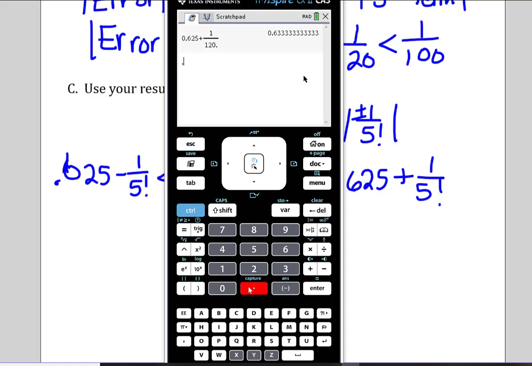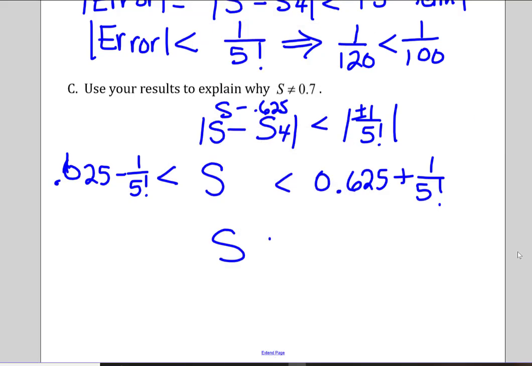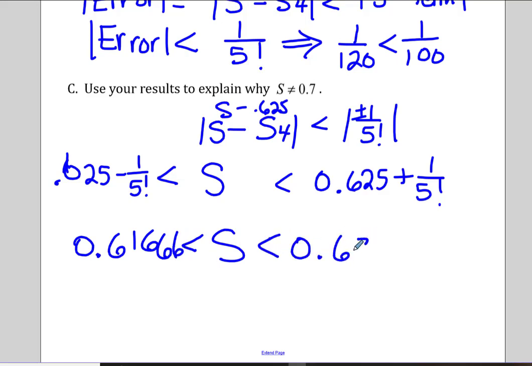And then we have 0.625, and we're going to subtract 1 divided by 120, and that's 0.616. So what we're finding is that the error is going to be between 0.616 and 0.633. Therefore, that total sum could never be 0.7 because it's in between 0.616 and 0.633.